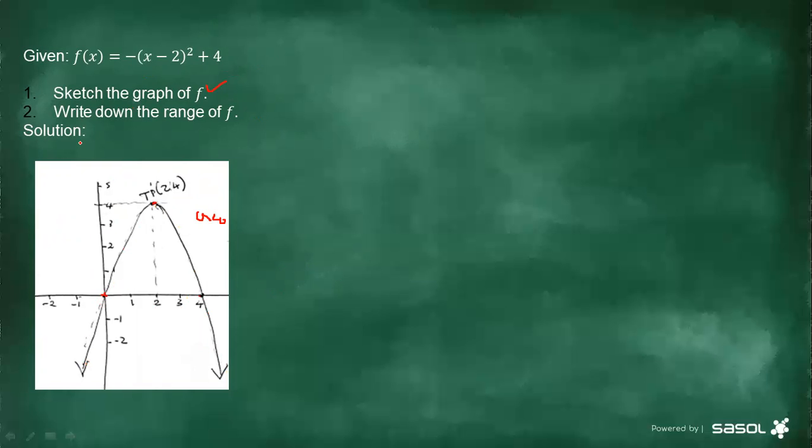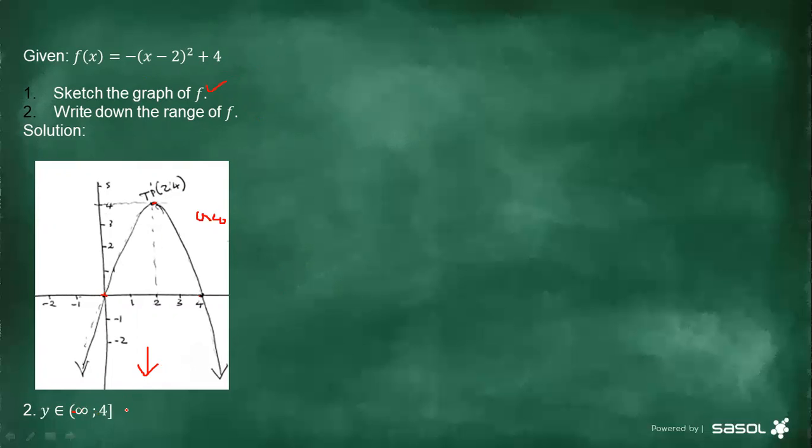The last question, write down the range. Now, what is the range? The range is y is an element of, actually it's supposed to be negative infinity, not positive infinity, negative infinity to 4. This is because this graph is going up and then down, so it's going to be negative infinity to +4.